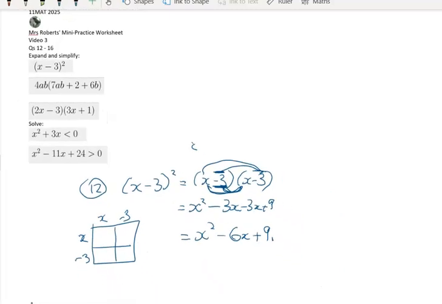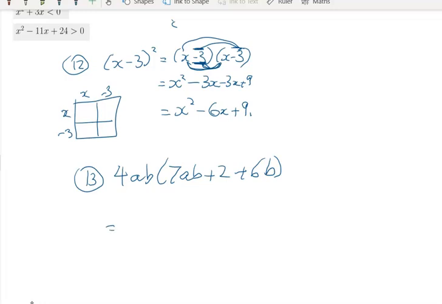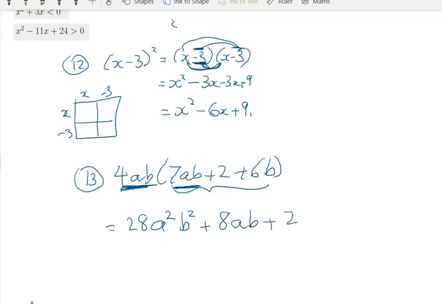Right, the next one is question 13. So 4ab times 7ab plus 2 plus 6b. Here we have to multiply everything inside here by 4ab. So we get 28a squared b squared plus 8ab plus 24ab squared, right?